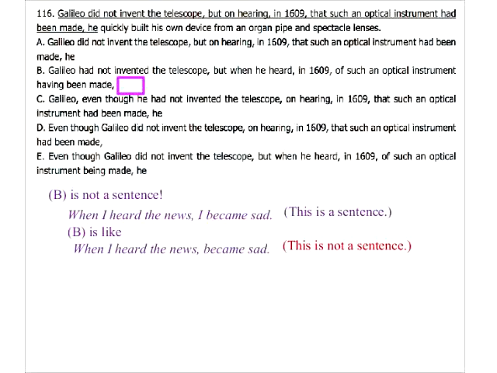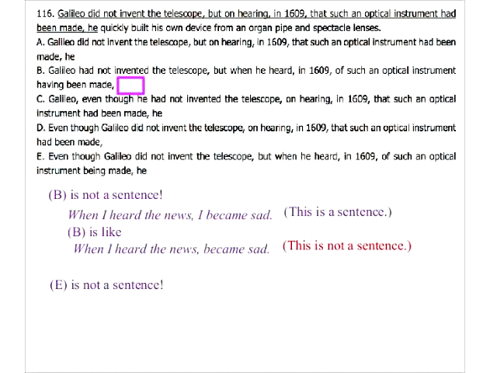So, what's wrong with E? And what's wrong with having "even though" and "but"? Again, it's not a sentence. E is not a sentence either.